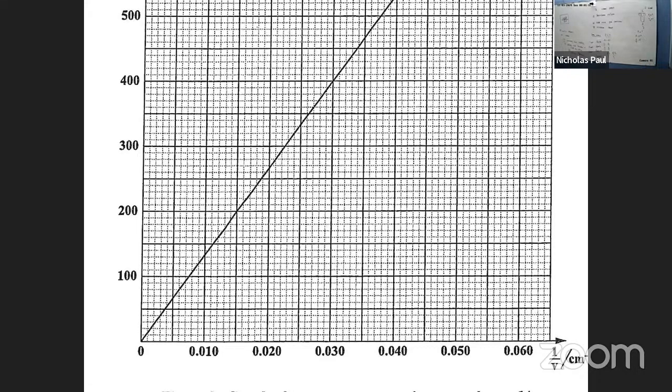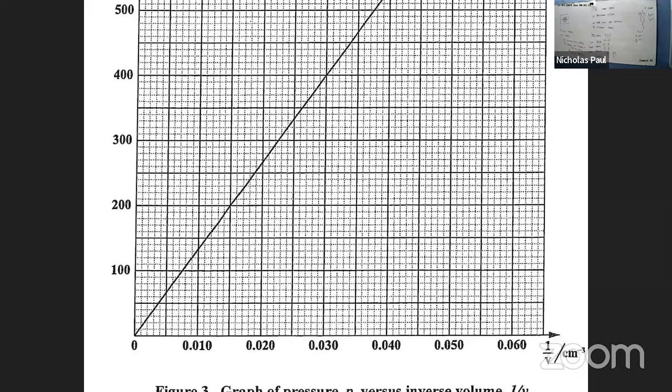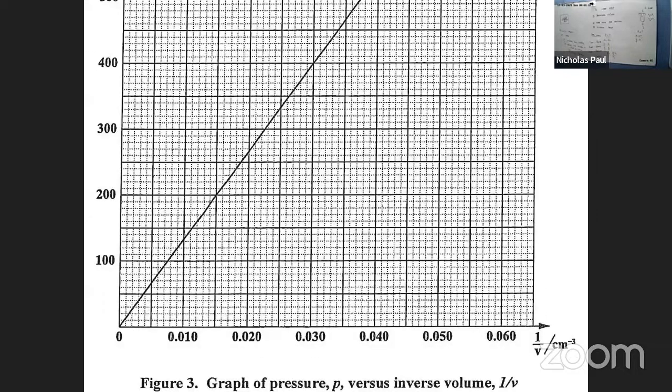I'll zoom in a little more. Please look at the x-axis. Look at what you're reading off. The question asks for the volume when the pressure is 250. I'll help you with the reading. Here is 250.